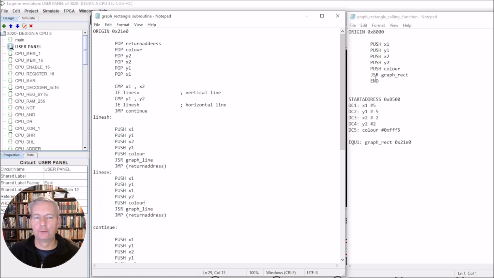We're then going to jump to the subroutine graph underscore rect, which stands for rectangle. So again, the jump to subroutine graph rectangle will just jump to a memory location. So the memory location it's going to jump to is given by 0x21E0, and again I've picked that out as per the mappings for our ROM.